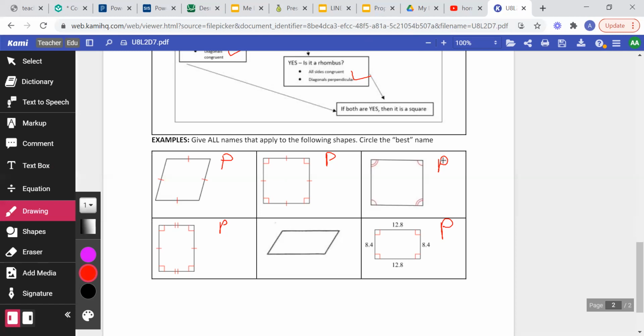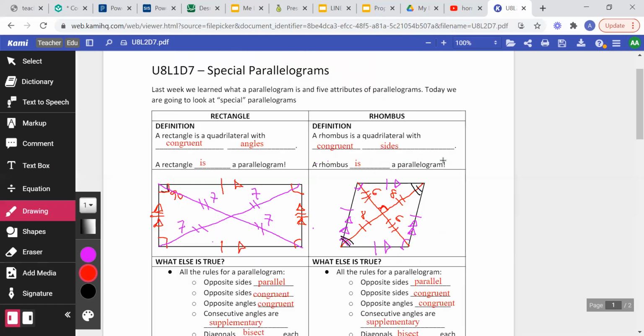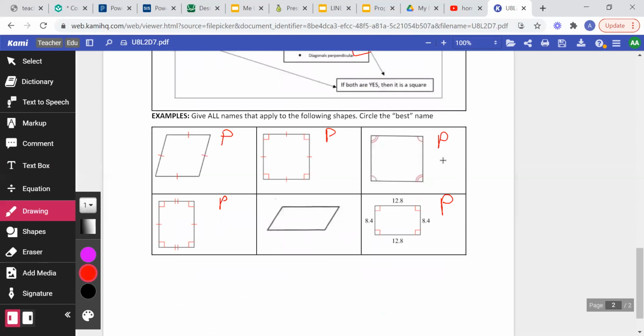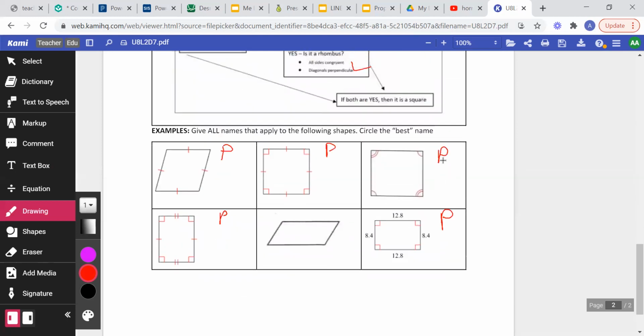No. According to these two names we just introduced, rectangle and rhombus. If you see this figure now, in a rectangle all the angles are congruent, but here none of these angles shows 90 degrees, and only the sides are congruent. So what kind of figure is this? Rhombus. Okay.